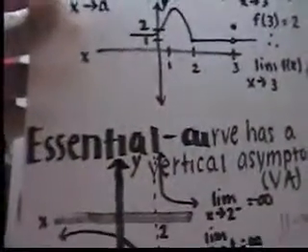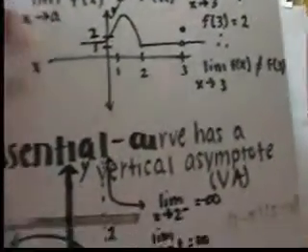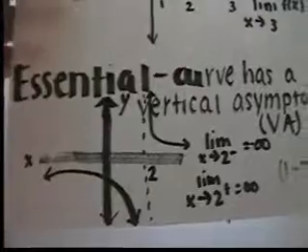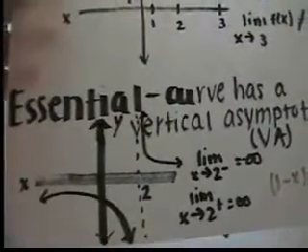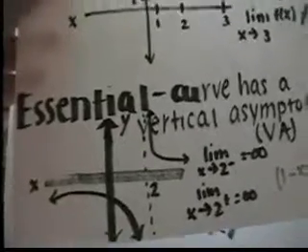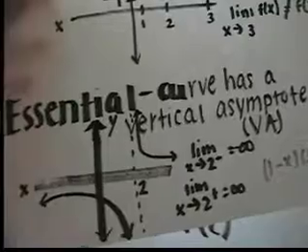The third one is essential discontinuity, when the curve has a vertical asymptote, or VA. As shown on this graph, the limit of f of x as x approaches 2 from the left side is negative infinity because of the vertical asymptote and the way the curve is going downward, but does not have a specific value.